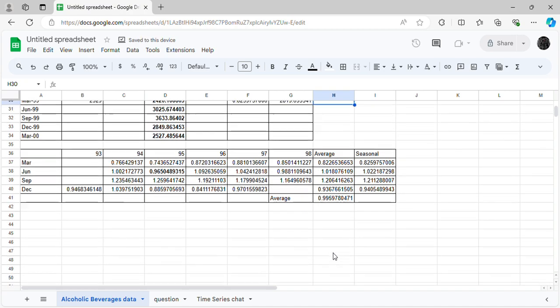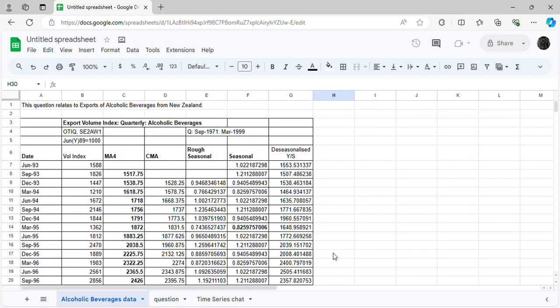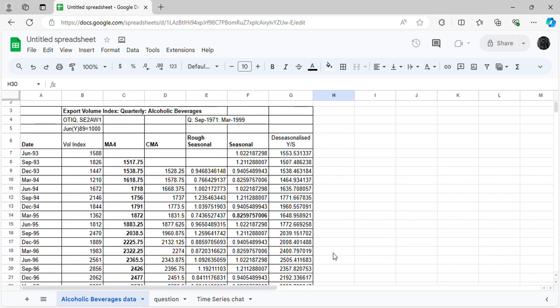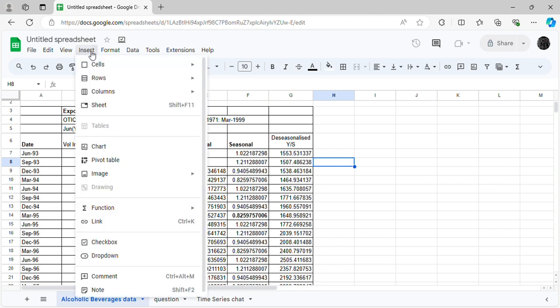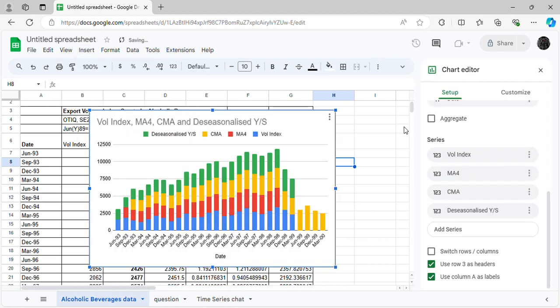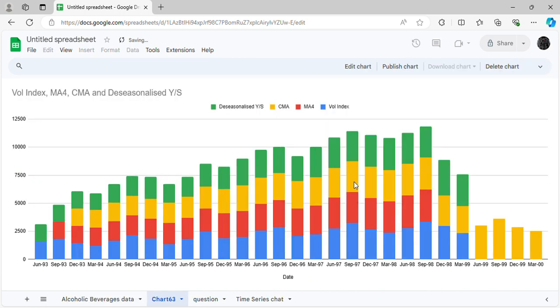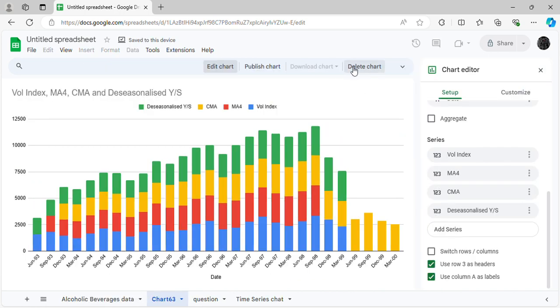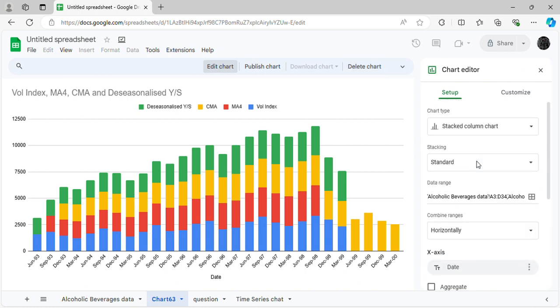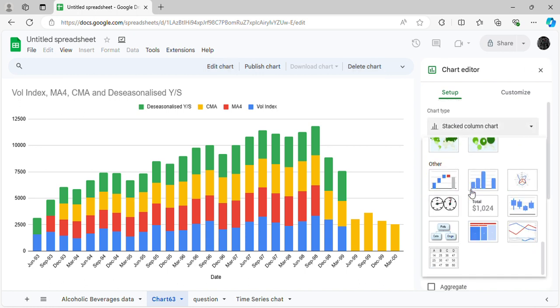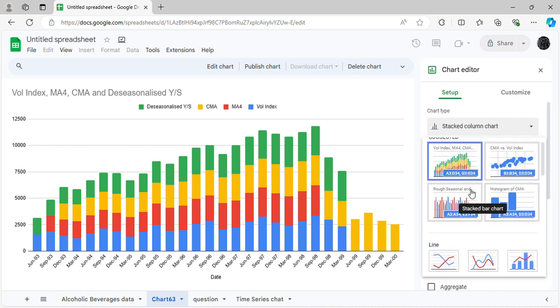Now, what we want to do, we want to plot some graph. So first, we will plot, say, a line chart: insert, chart, and let's take this on sheet, edit chart. For the chart type, let's select the line chart, not the curved line, but the straight line.